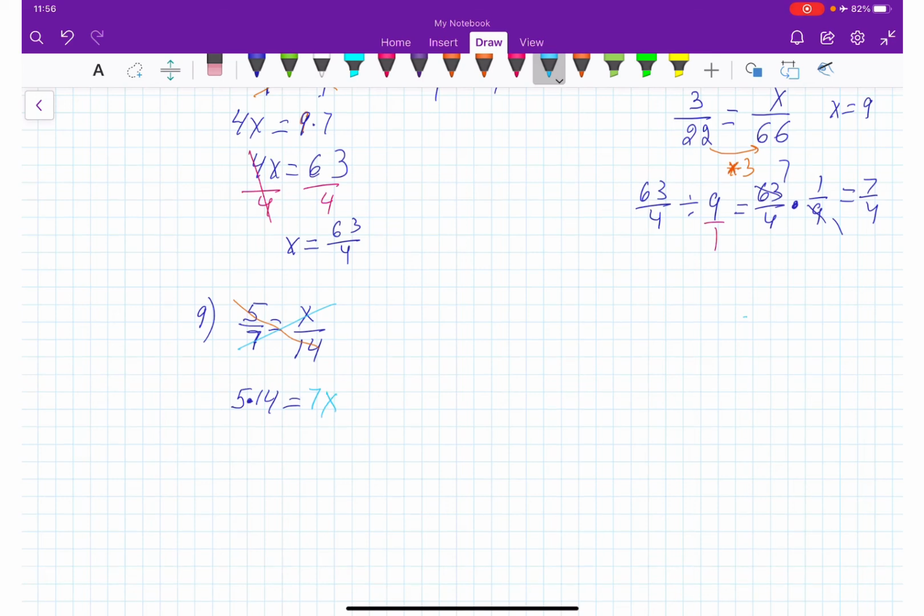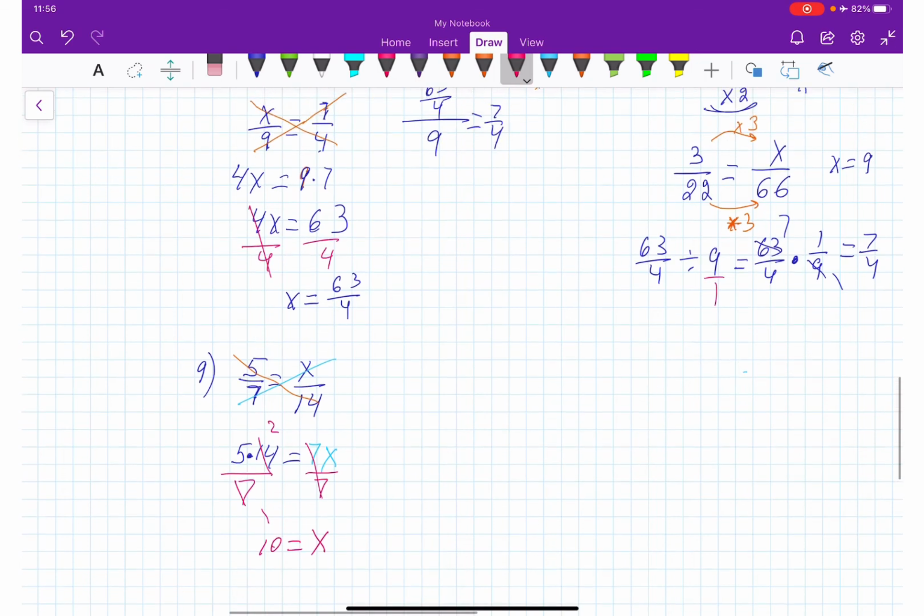Yes? Now to get x, I have to divide by 7. Divide by 7, this is gone, right? 14 and 7 I can reduce also. This is 1, this is 2. And I'm getting 10 is equal to x. So my x is 10.